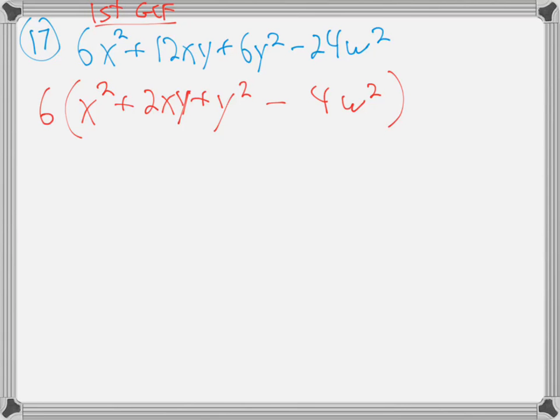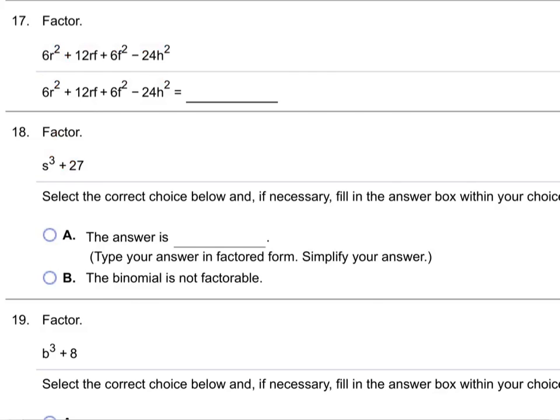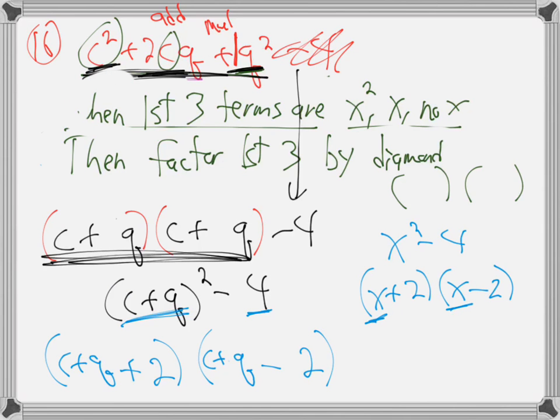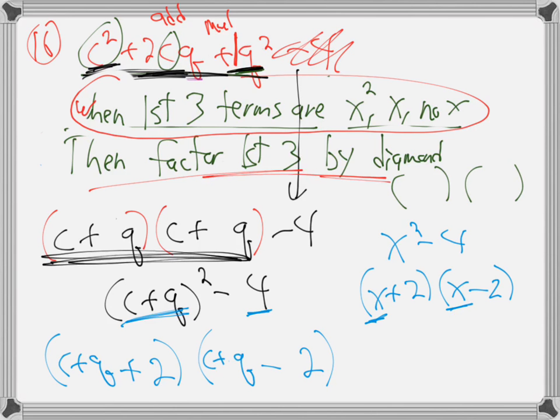Now there's 2 ways. We have 4 terms in there. There's 2 ways we've learned to break up 4 terms. We could either do first 2, last 2, or we could do first three. Now, how do you know? What was the rule I gave you back here? When the first three terms are x squared, x, no x, or whatever letter, then let those three be together.